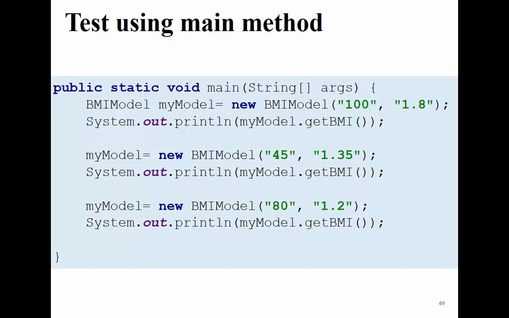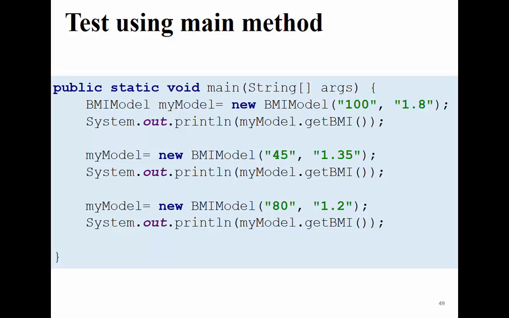The constructor says I can construct the BMIModel, but I need to receive the height and the weight as strings. You cannot send them as doubles. So you have to match the constructor. If you need to send doubles, then you create another version of the constructor. You can have two or three constructors with different arguments.